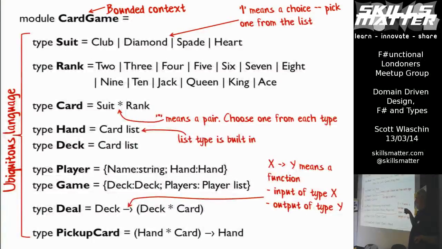So that means the input is the deck, and the output is a pair of a deck and a card. So when you deal, you start off with a deck, and after you've dealt, you have a new deck, which is missing a card now, and a new card on the table. And when you pick up a card, you start off with a card on the table and your own hand, and after you've done the pickup, the card on the table's gone, and you have a new hand, a different hand. So there's an example of that domain.